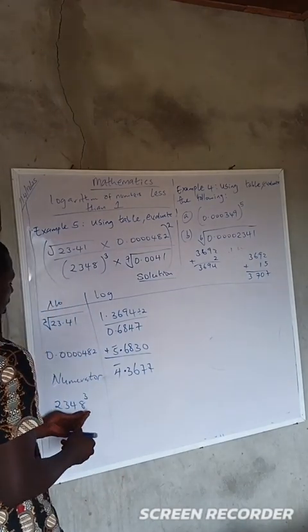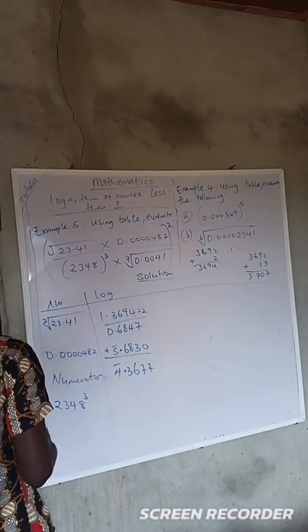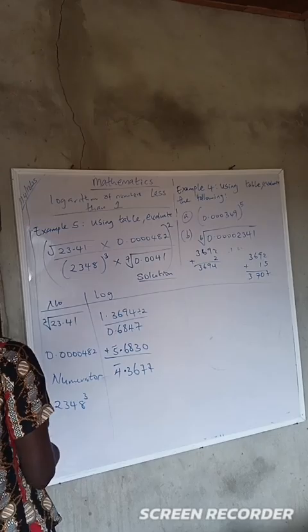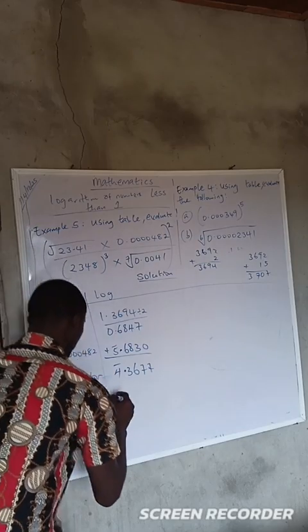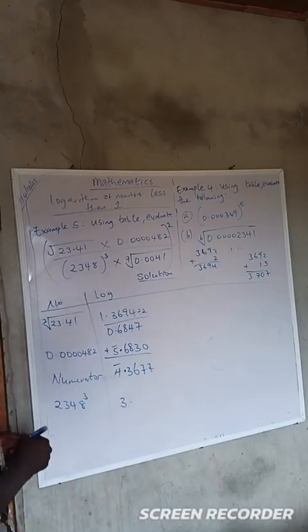What's our characteristic here? This number, present it as a number in standard form. You have 2.348 times 10 raised by what? Times 10 raised by 3. So our characteristic is 3. So we have 3 point, and this place should be able to contain this thing.